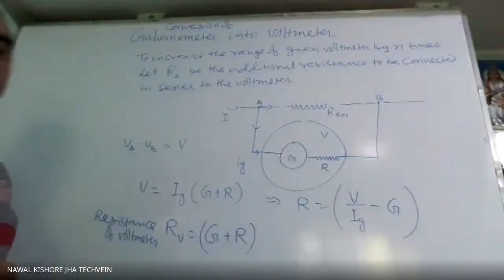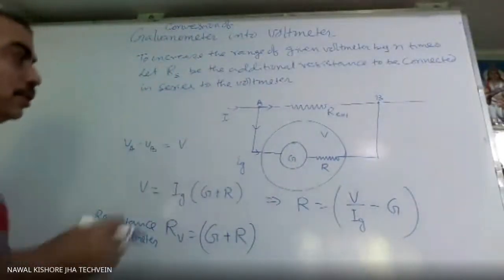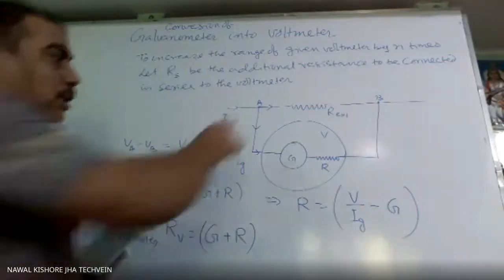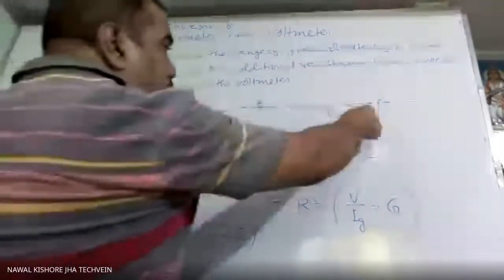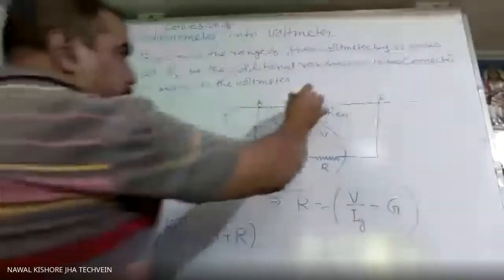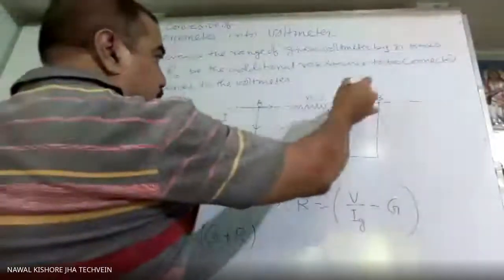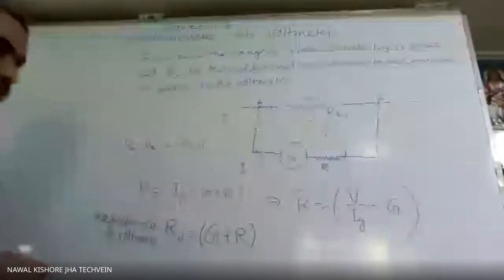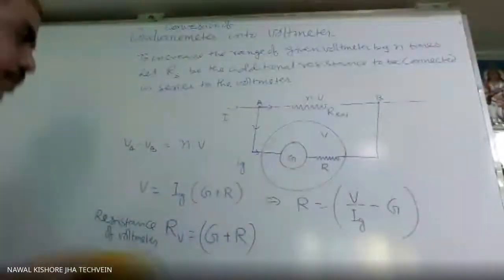Now what is happening? The potential difference between A and B was earlier V. Now this potential difference will become N times V. And in order to increase this, what have we done?